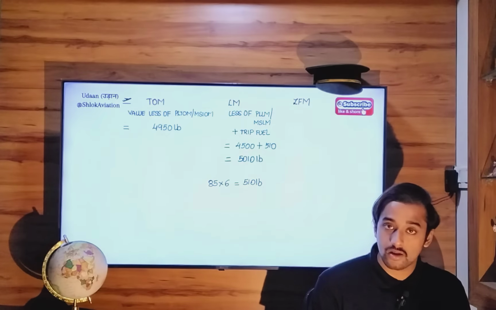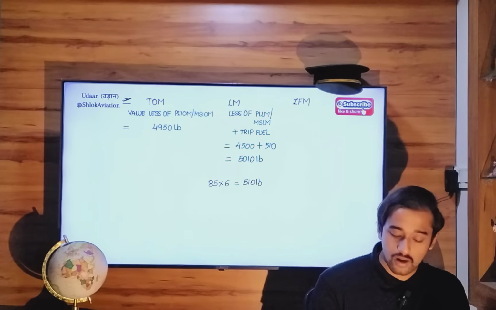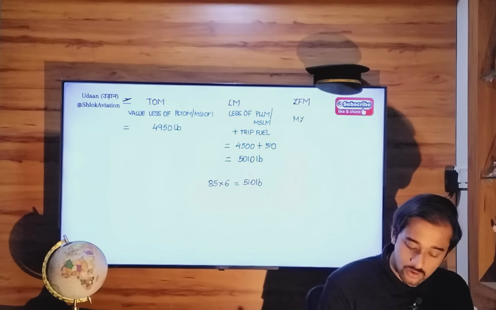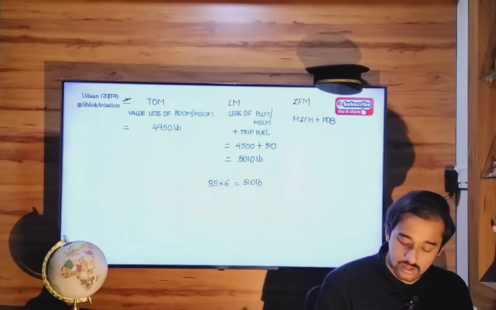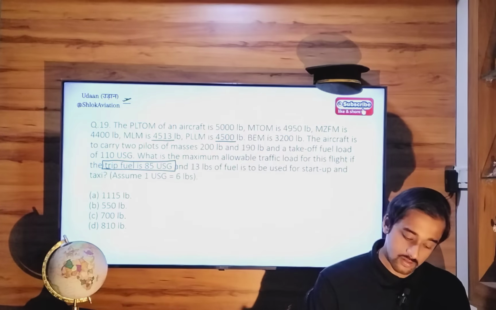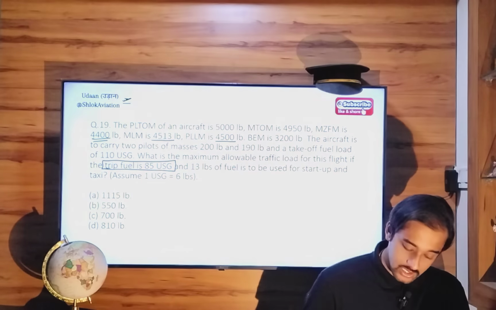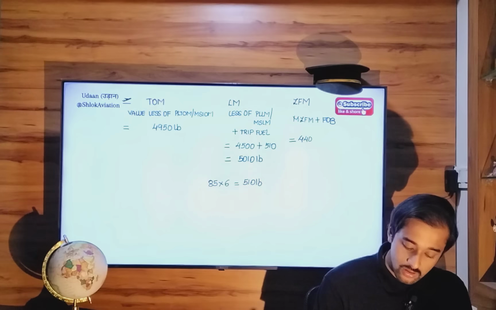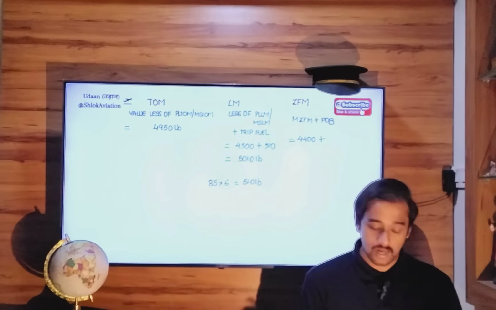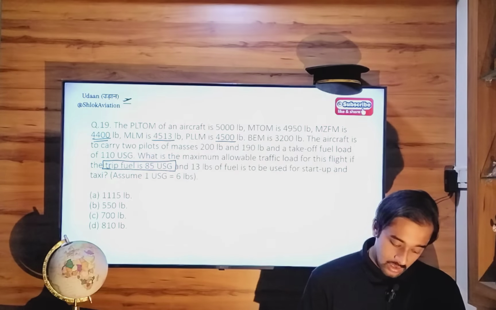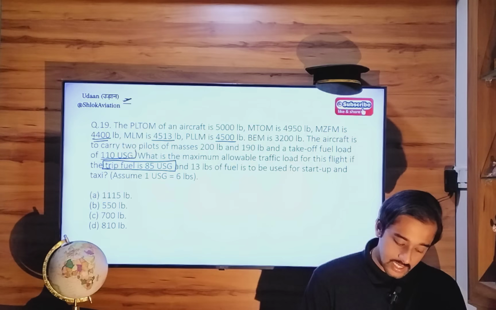is 5,010 pounds. In the zero fuel mass column, the formula is maximum zero fuel mass plus fuel on board, which is 4,400 plus fuel on board, that is 110 US gallons.